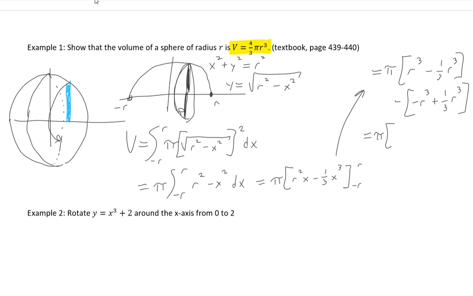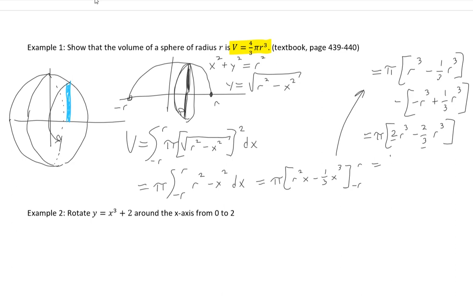So overall, we get r cubed plus another r cubed, so that's 2r cubed. And then we get negative 1/3 r cubed minus another negative 1/3 r cubed, so that's minus 2/3 r cubed. And if you do 2 minus 2/3, that does give you 4/3.